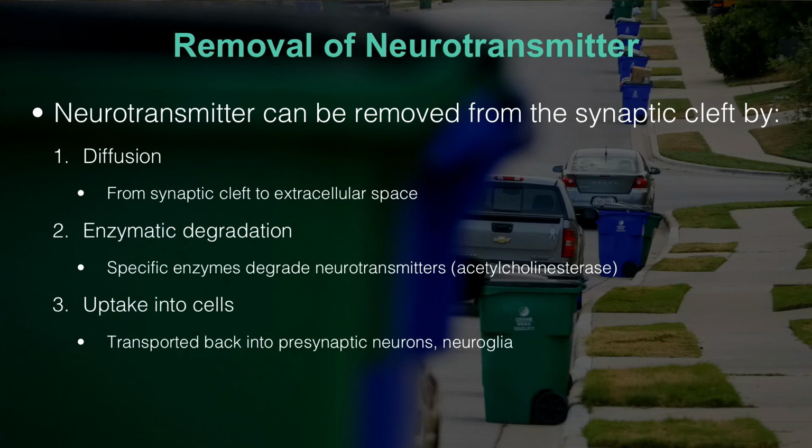If it doesn't, there's no neurotransmitter, it can't do that, right? The point of having a synapse is lost. So there are pumps that will move the neurotransmitter back into the cell, or the neuroglia might help get rid of it, the supporting cells in the nervous system.